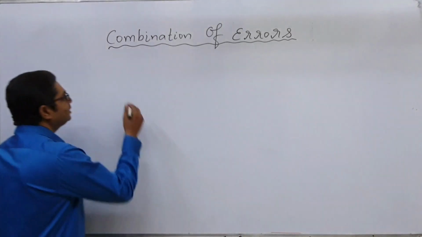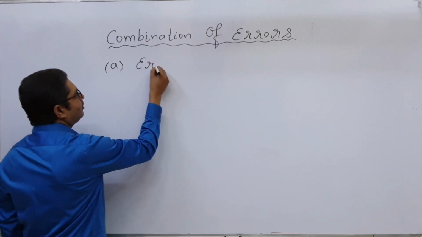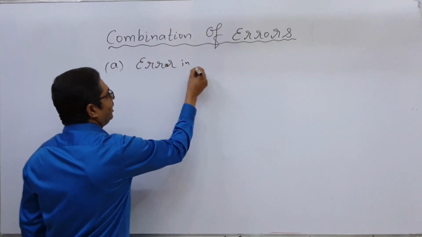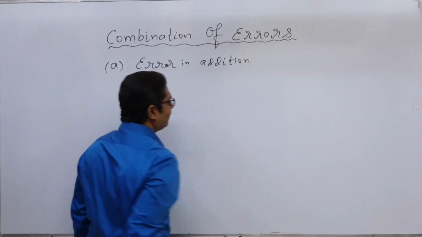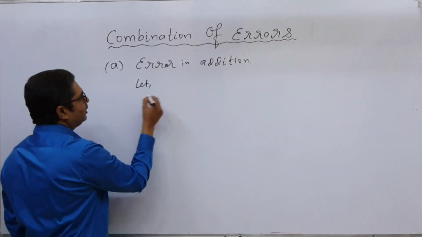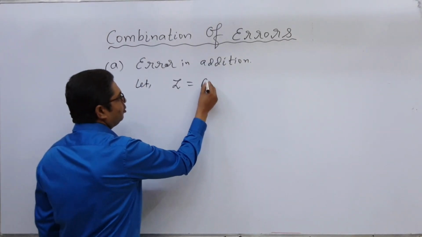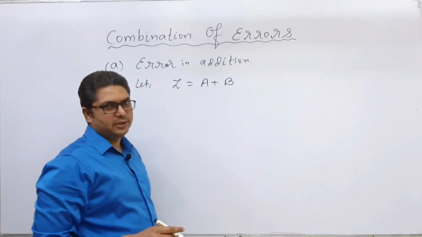Here number first is error in addition. Let Z is equal to A plus B, where A and B are two physical quantities.